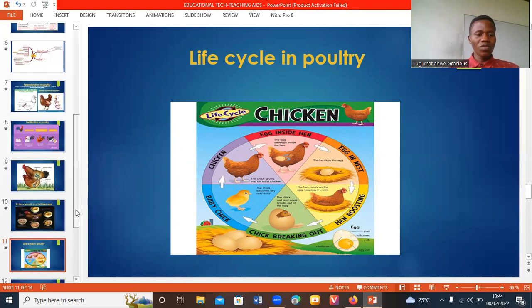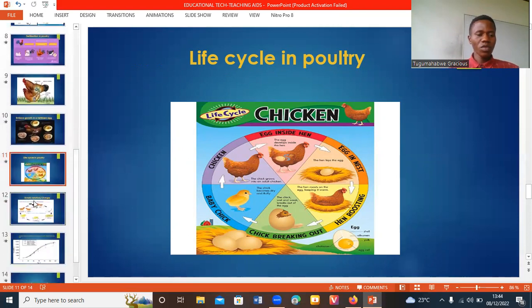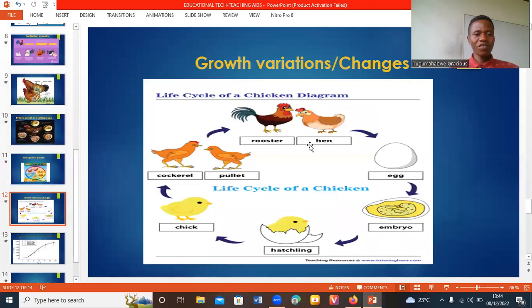Moving on to the next part, it is showing the growth variation or changes, and this is showing how two different chickens, a hen and a cock, go through growth from being young to being adult.